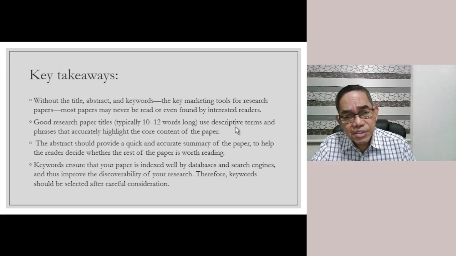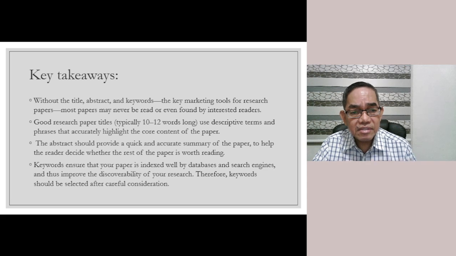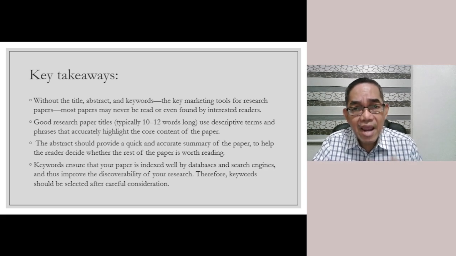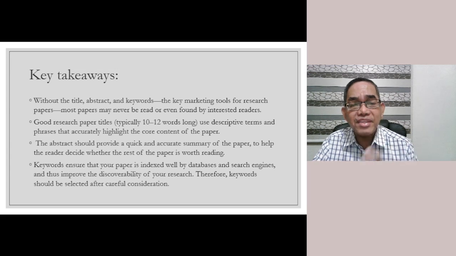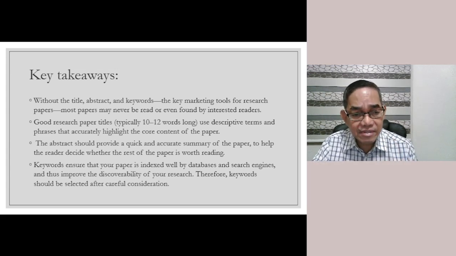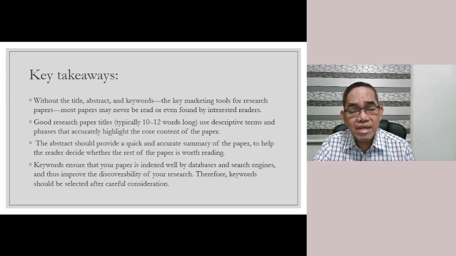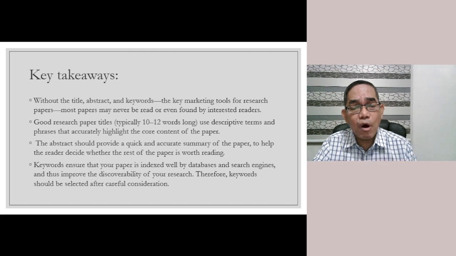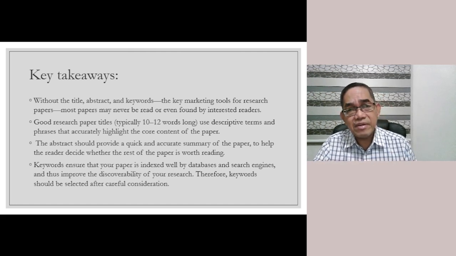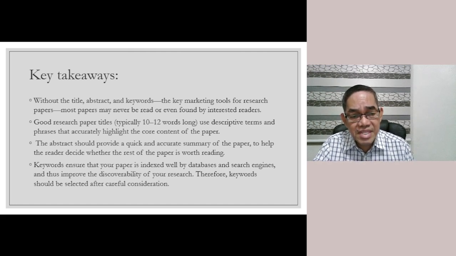Now, good research paper titles use descriptive terms and phrases that accurately highlight the core content of the paper. The abstract should provide a quick and accurate summary of the paper to help the reader decide whether the rest of the paper is worth reading.